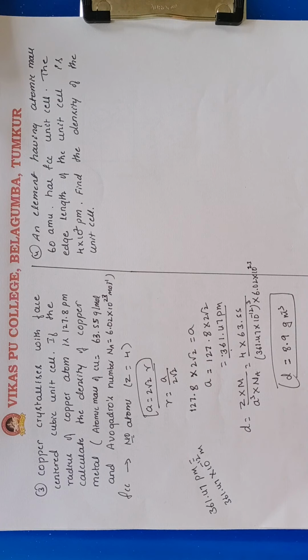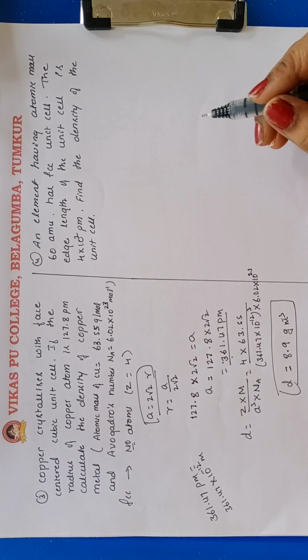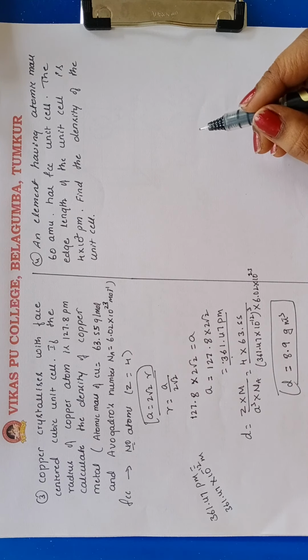Next, you can observe another problem. The element having atomic mass 60 AMU has an FCC unit cell. The edge length of the unit cell is 4 into 10 to the power of 2 picometer. Then we should calculate the density of the unit cell.